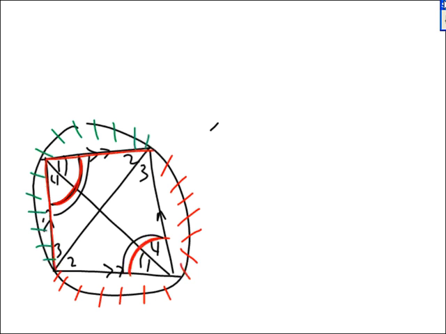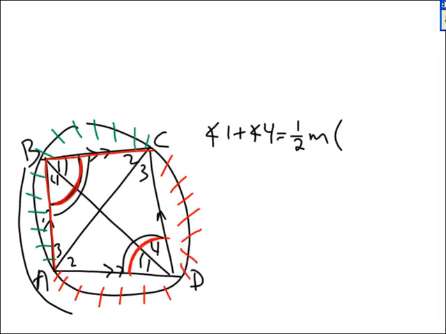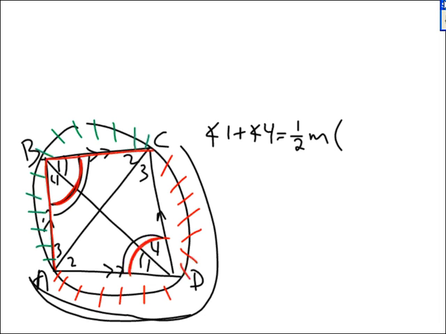So now we know that angle 1 plus angle 4 is half the measure of its intercepted arc. Maybe I'm using different letters now, but oh well. Angle B cut off arc ADC.